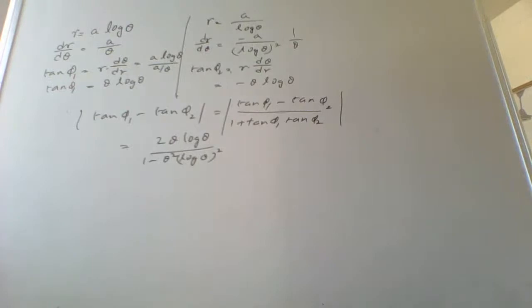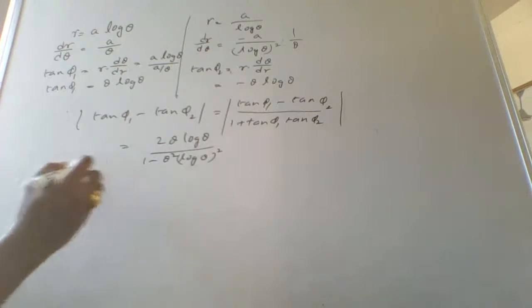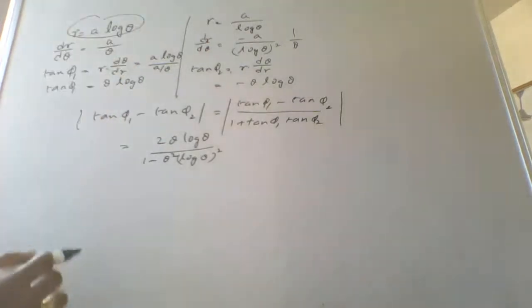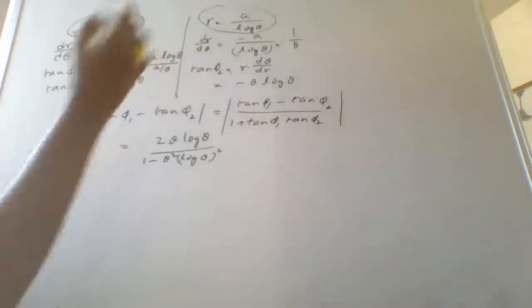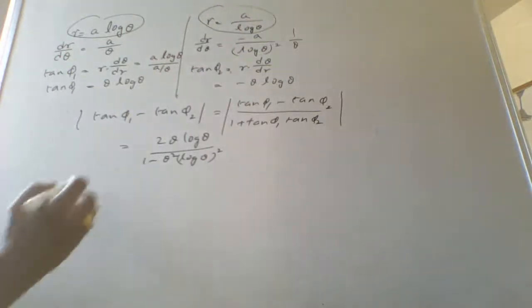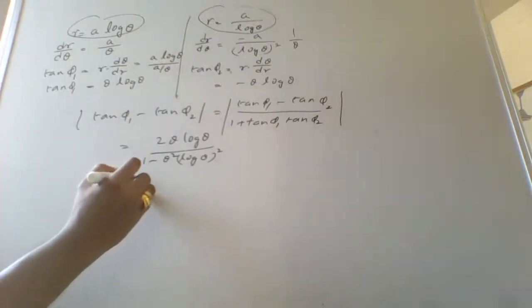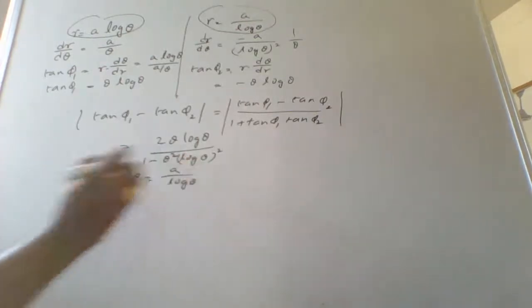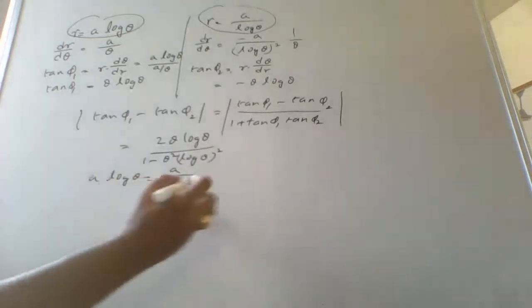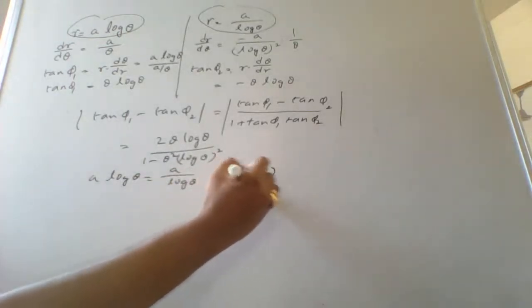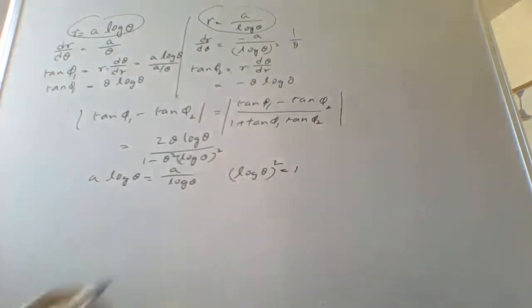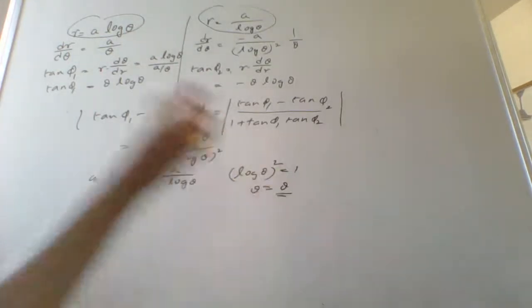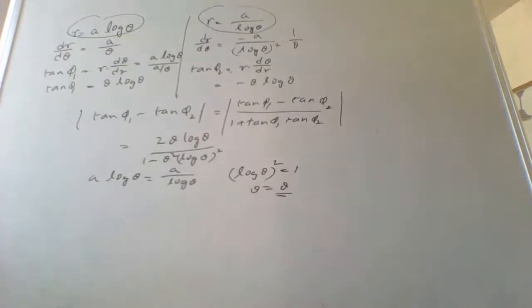And now if I look back again, r as I have a log theta and r as a by log theta, if I put that a log theta equal to a by log theta, I get log theta whole square equal to 1, or theta is equal to e, that's what I get. For the previous problem, I've done the same thing. So let us substitute that.